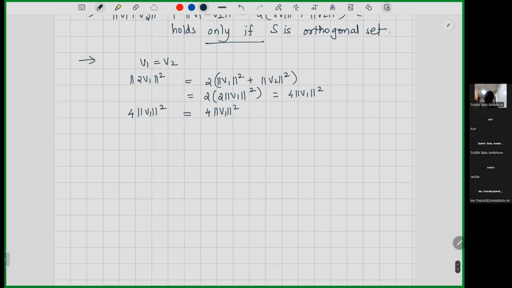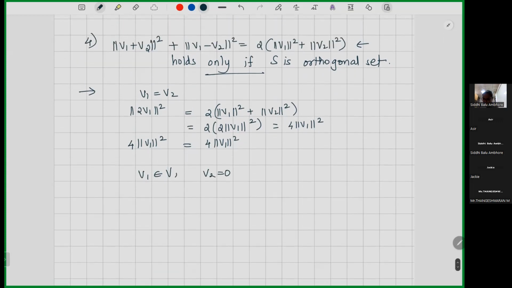Or if that is not, let us take v1 to be anything, v1 belongs to V, and v2 to be 0. Then in that case, norm of v1 plus v2 square plus norm of v1 minus 0 square will be what? 2 norm of v1 square, right? Because this is 0, this is 0.